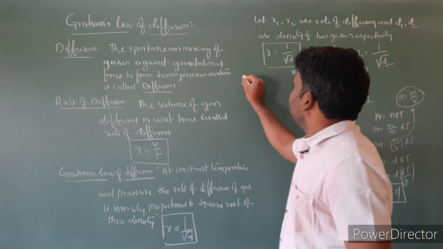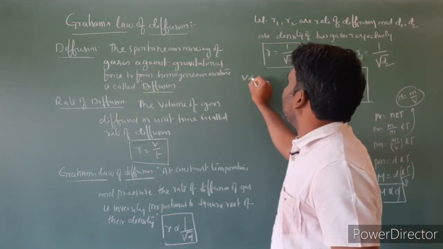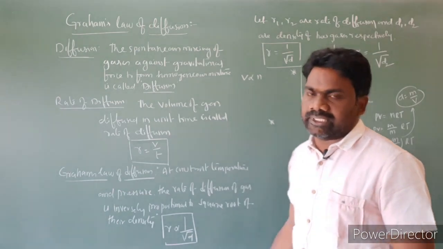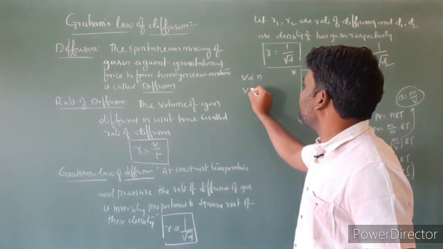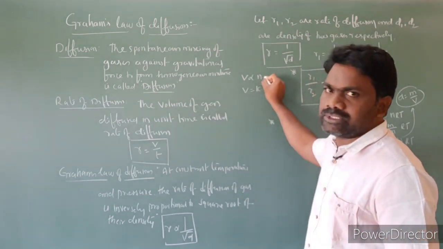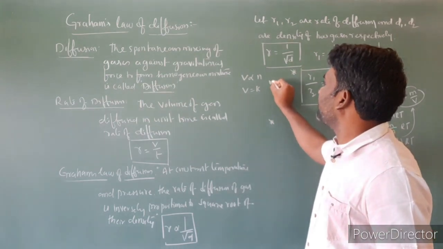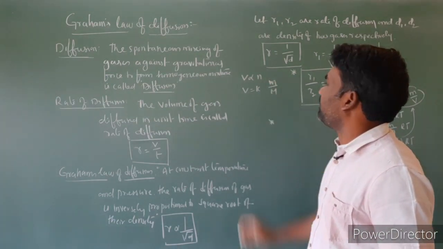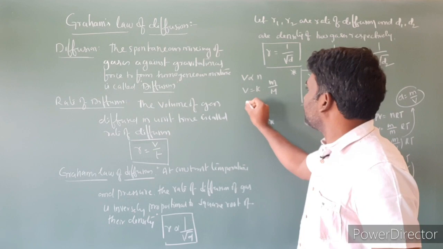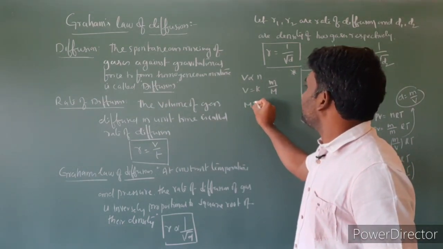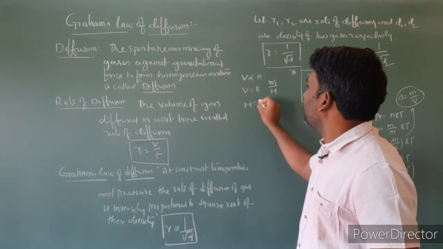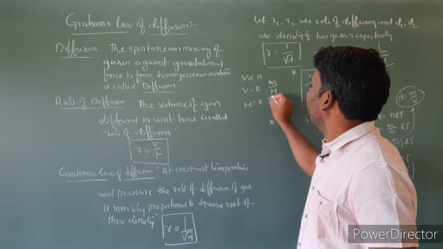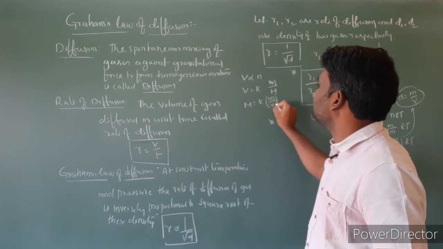According to Avogadro's law, volume is directly proportional to number of moles, isn't it? Then volume V is equal to K into number of moles, mass of the gas by molar mass of the gas. So mass I'm transposing here, and molar mass I'm transposing here. Molar mass is equal to K into mass by volume, isn't it?